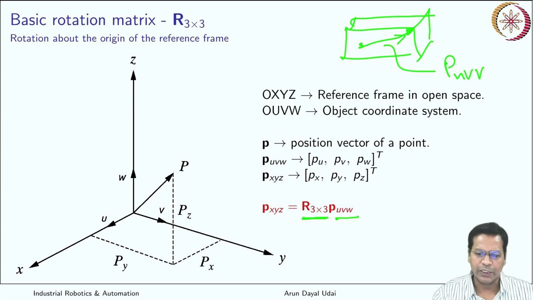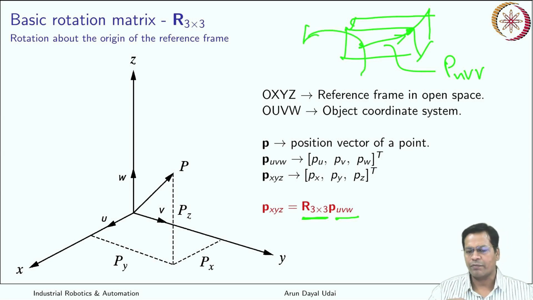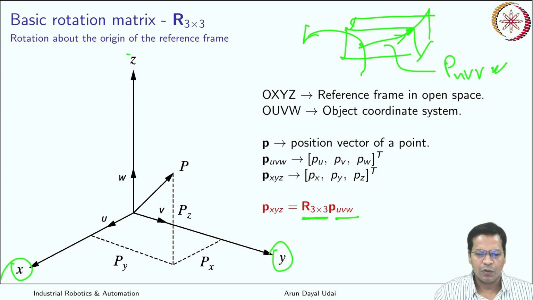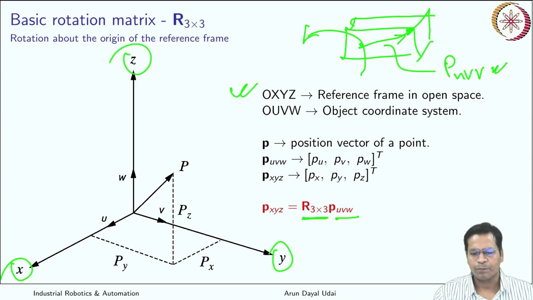If this object rotates about one of the axes, what will be the consequence of the rotation on uvw when seen from the global coordinate system OXYZ?